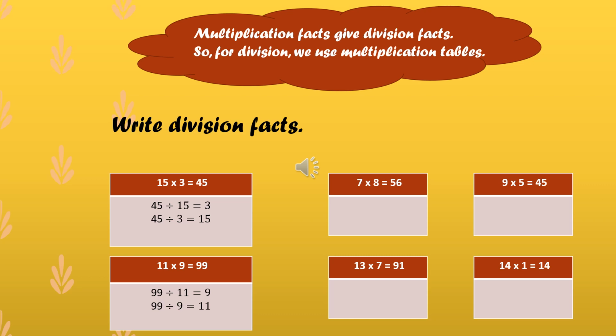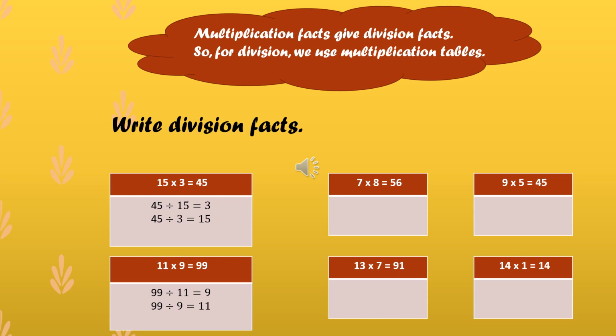Yes. So now if we divide this 45 by 15, then it will give us 3. And if we divide 45 by 3, then it gives us 15. So these are the division facts which we have derived from a multiplication fact. Now let's take another example. 11 multiplied by 9 equals 99.